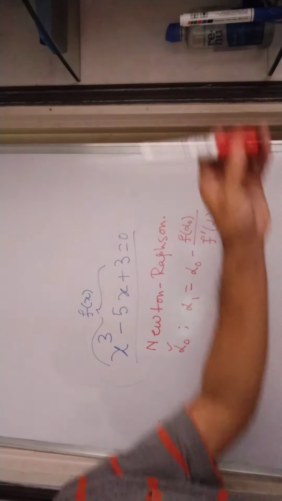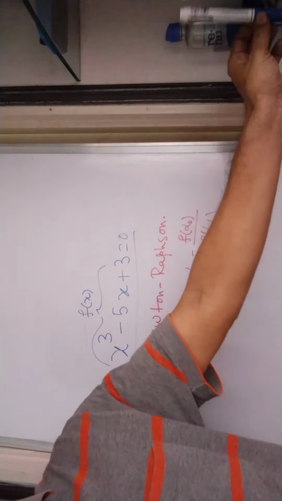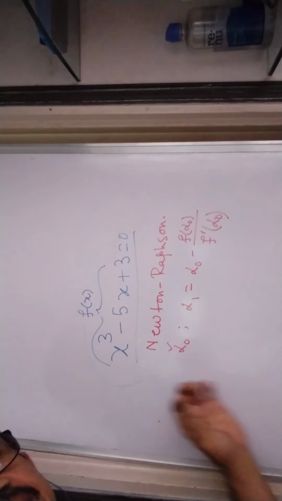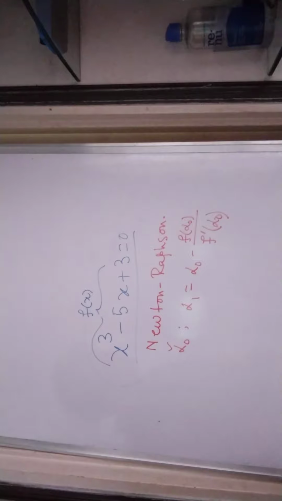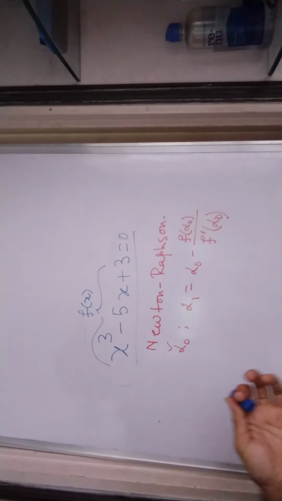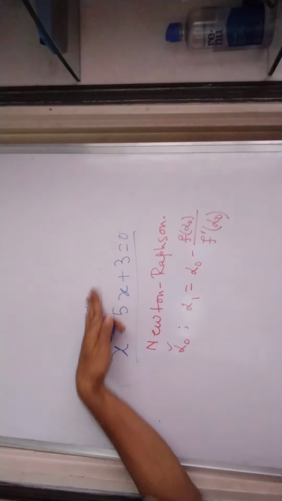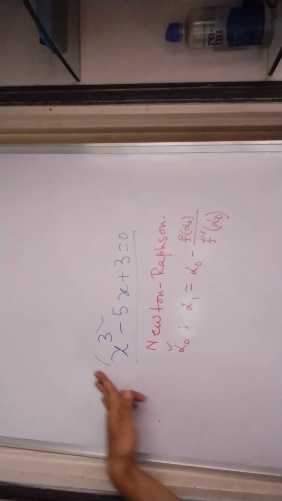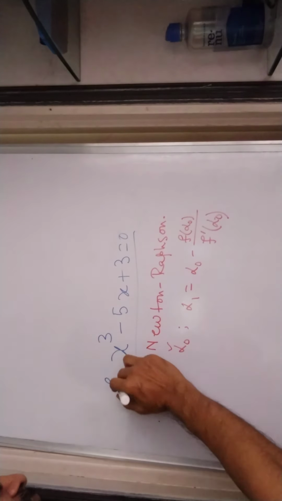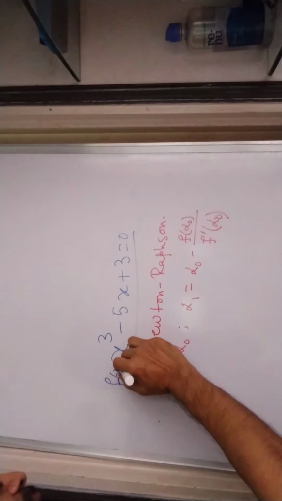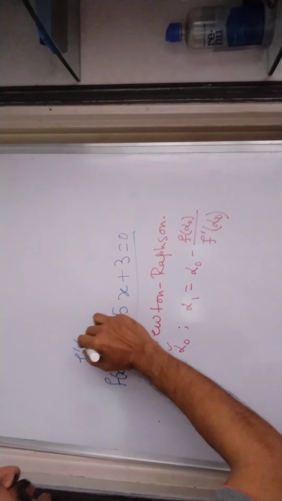So, the first step to find the root of this equation with the help of Newton-Raphson method is to find the derivative of this function. Let us write fx as this. So, what is f prime x?